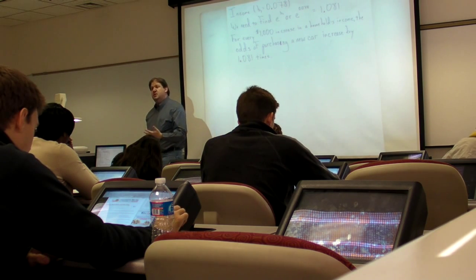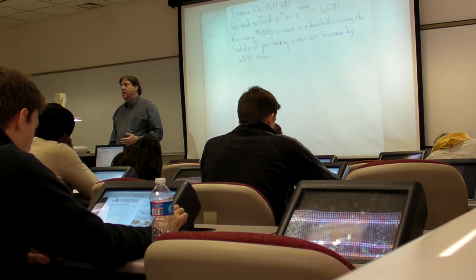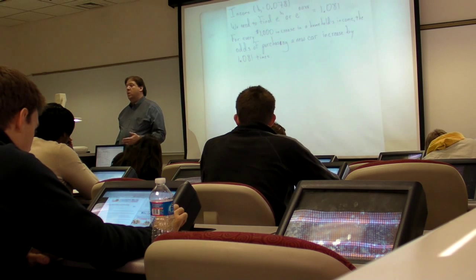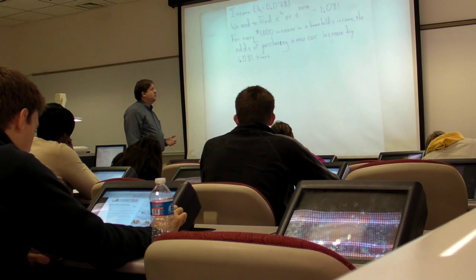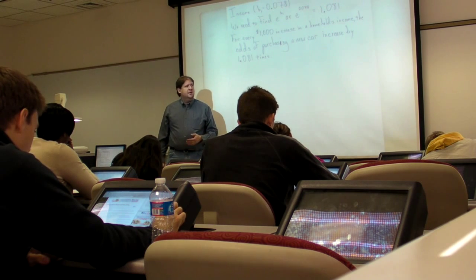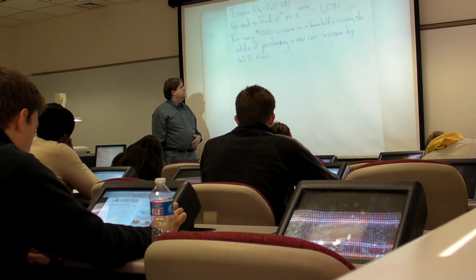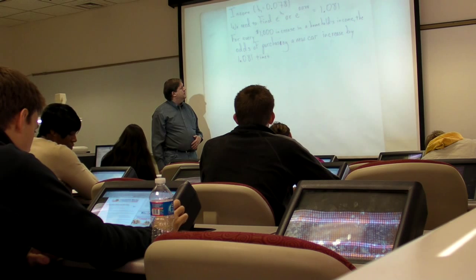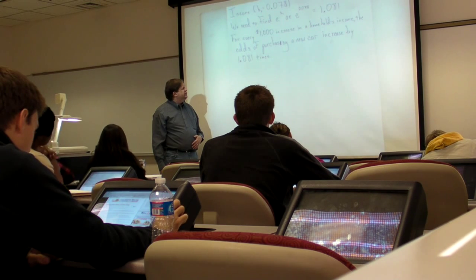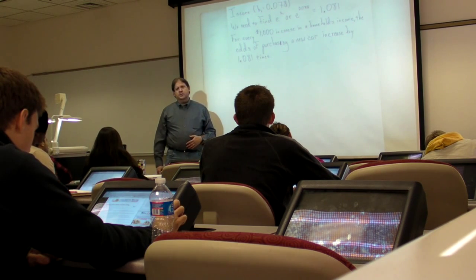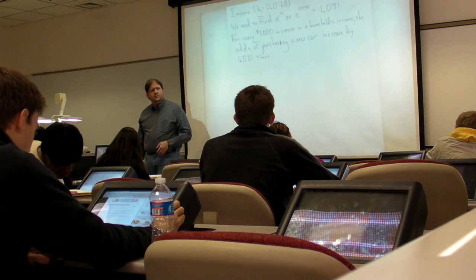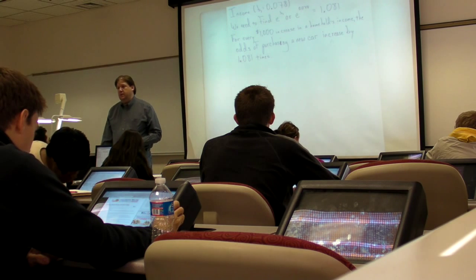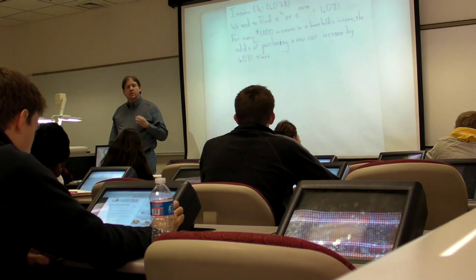So I would take my odds from before and multiply them by 1.081. So if my odds before were 20%, then they would go up to not quite 22%, like 21.6%, approximately. So they go up a little bit.